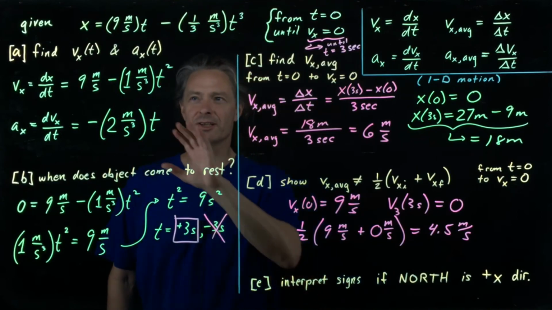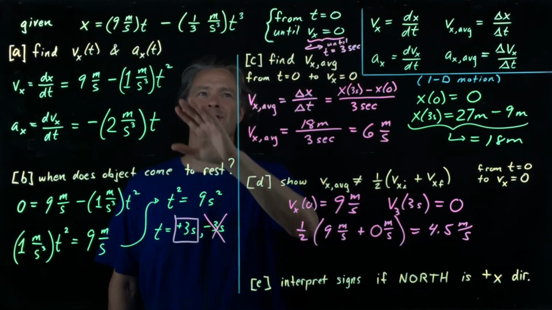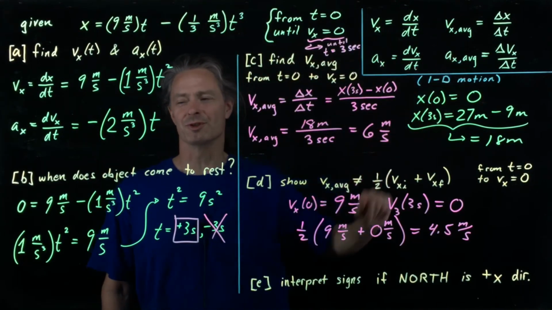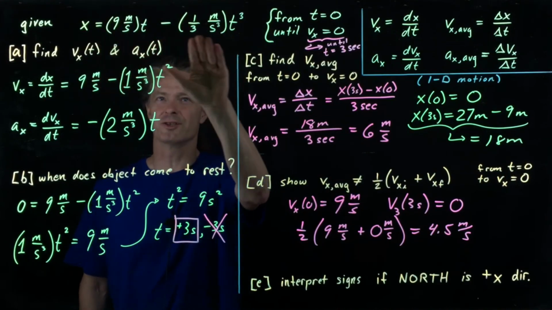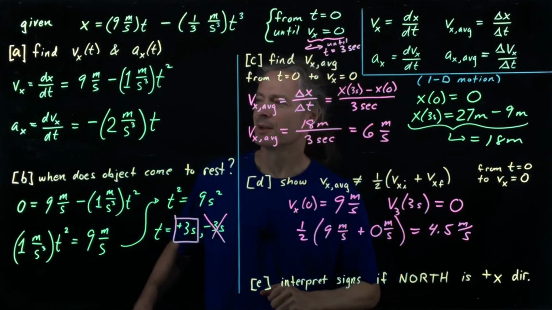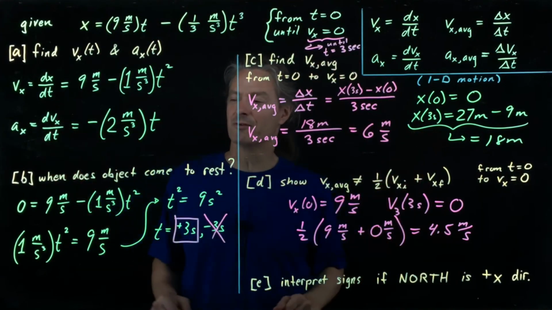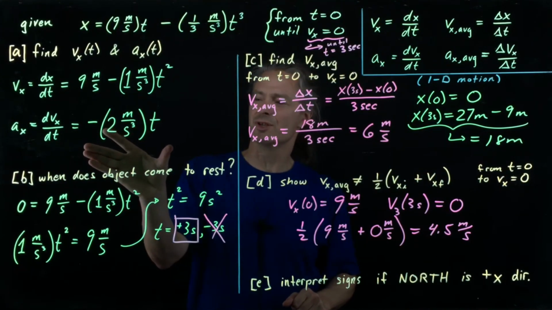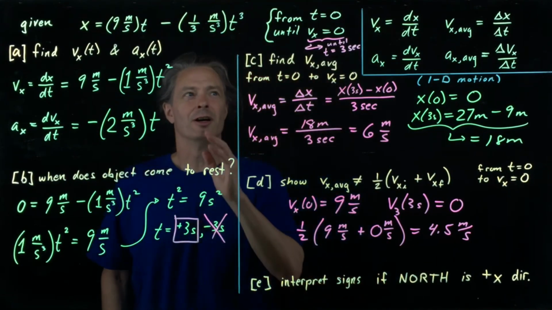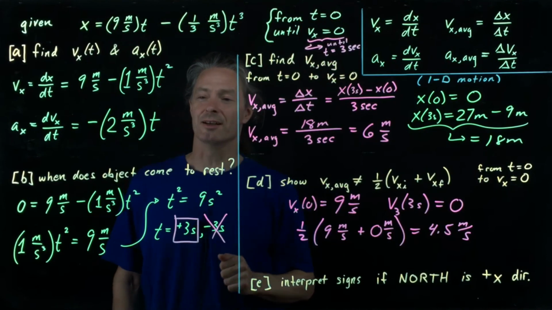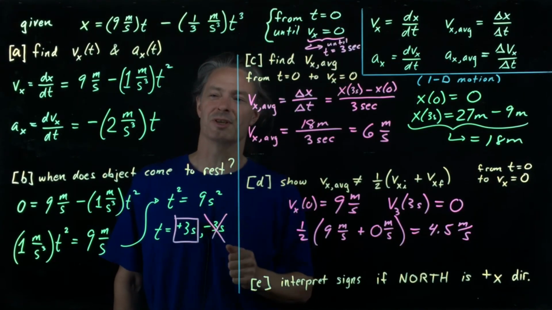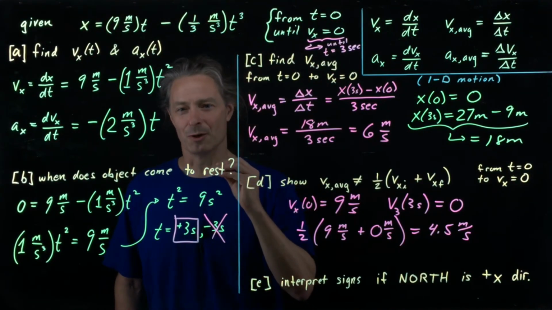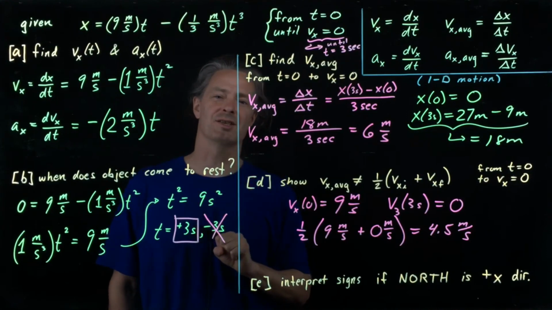All right, so let's look at the full range of motion, not just up to 3 seconds, but after t equals 3 seconds when we extended the range of validity of this expression. For the duration of the problem we've discussed, the acceleration was negative. However, up to t equals 3 seconds, from t equals 0 to t equals 3 seconds, the object was slowing down. That's where we had deceleration.